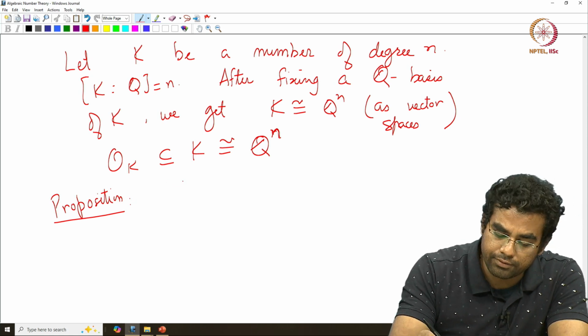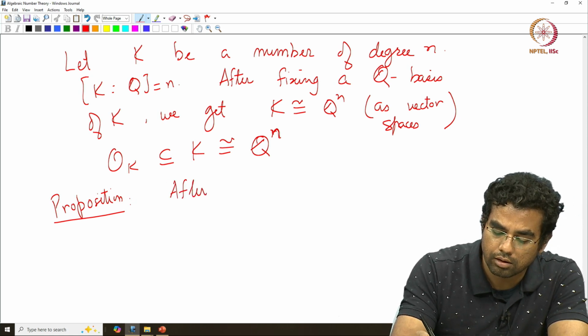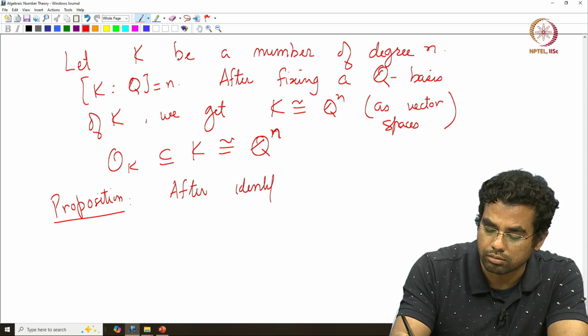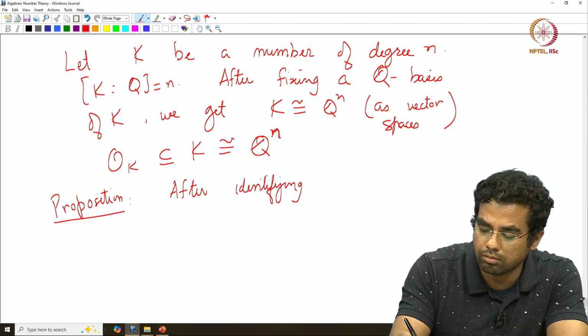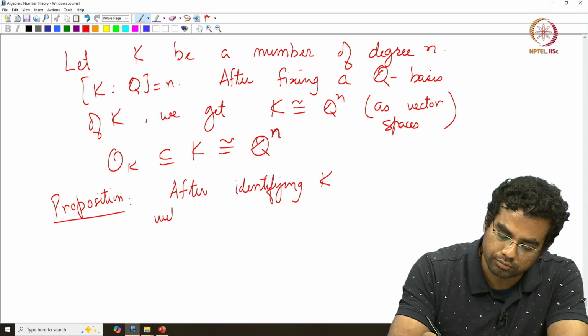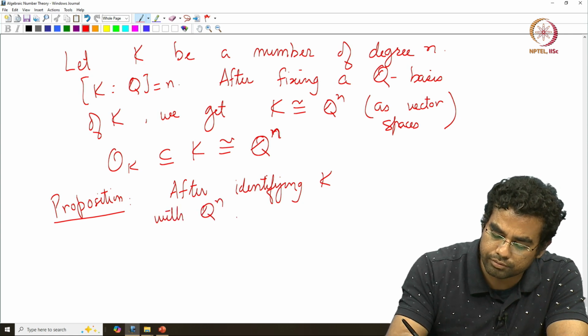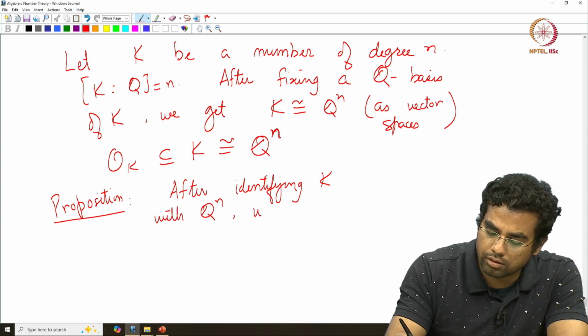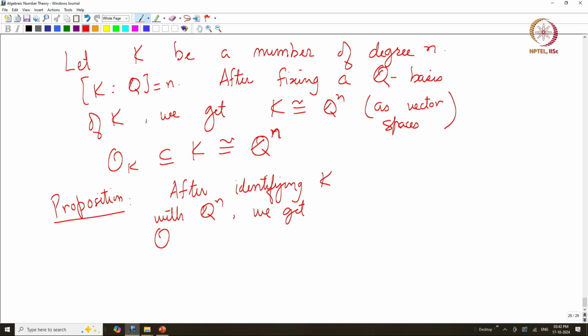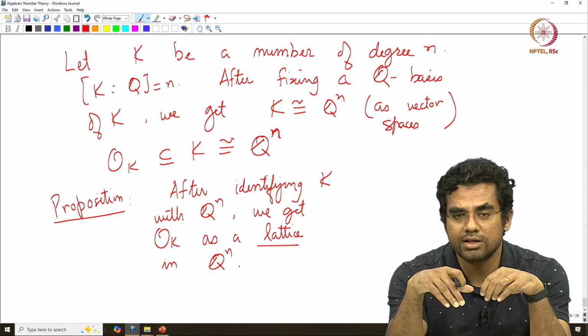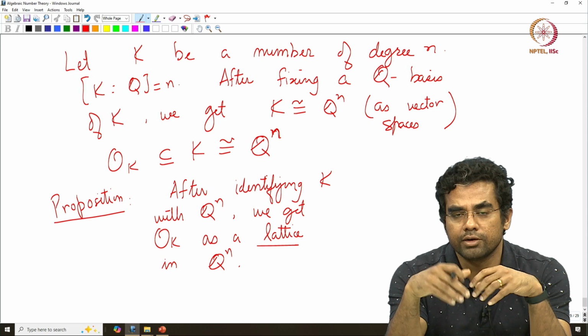After identifying K with Q to the n, we get OK as a lattice in Q to the n. So, a lattice is a discrete Z module in Q to the n, which spans Q to the n.